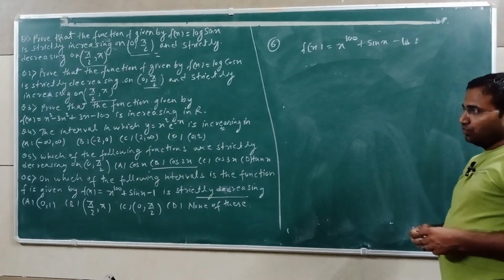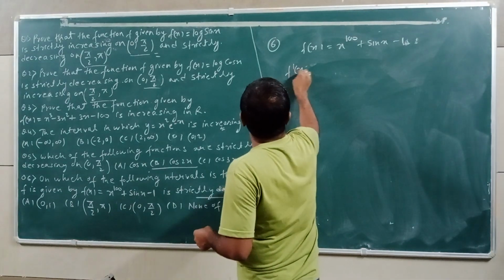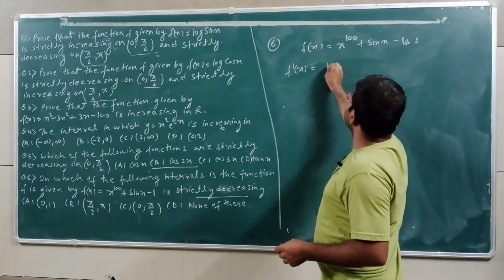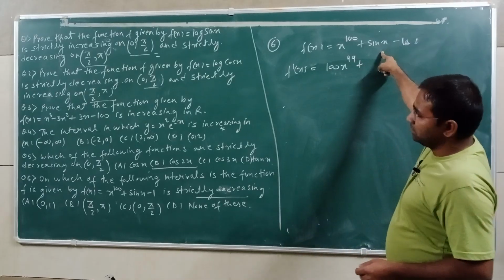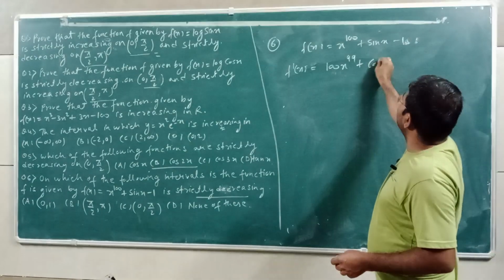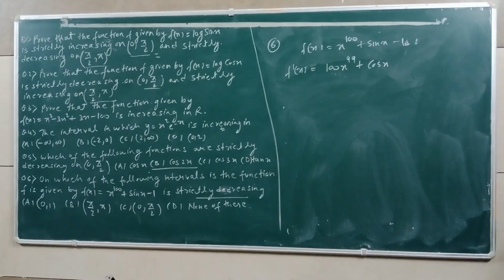So first of all we have to find the derivative, means we have to differentiate this. Then f dash x will be 100 x to the power 99, and the derivative of sin x will be cos x, and minus 1 will be 0.